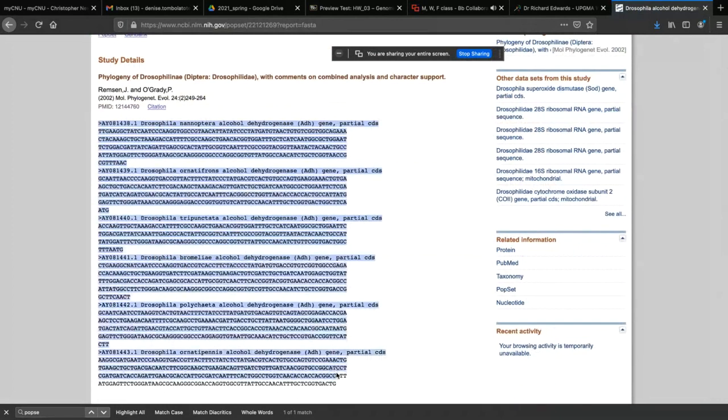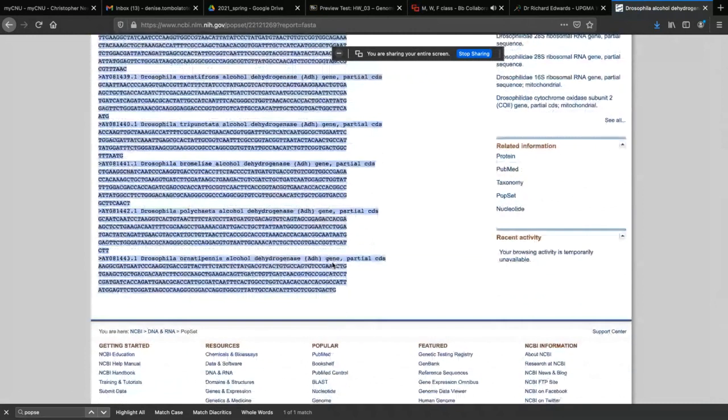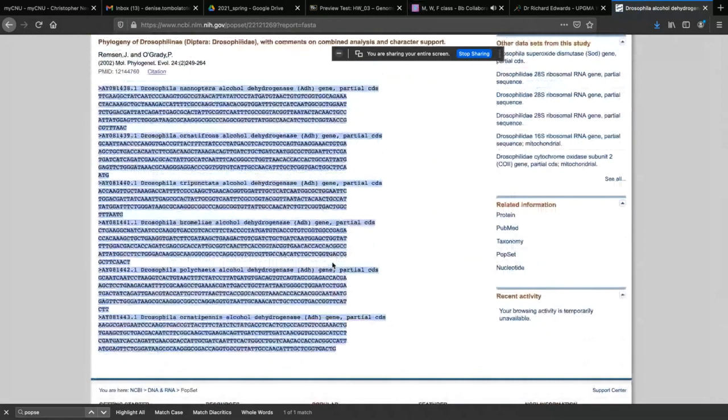So we're going to compare these. So we're going to do an alignment. And since we are aligning many sequences, so more than 2, we're not going to use BLAST2. We're going to do a multiple sequence alignment. Plus, BLAST2 would do local alignment, and when we want to do phylogenetics, we do global alignments.